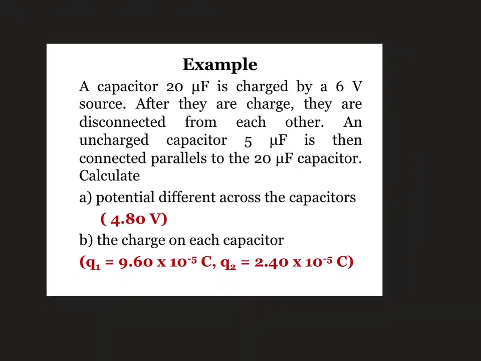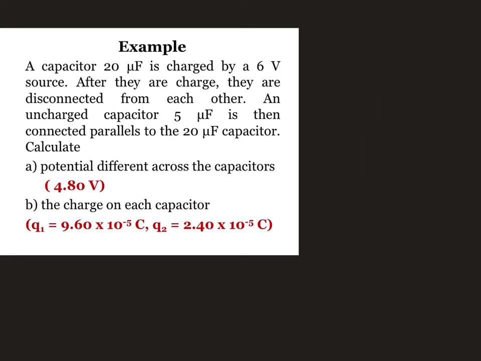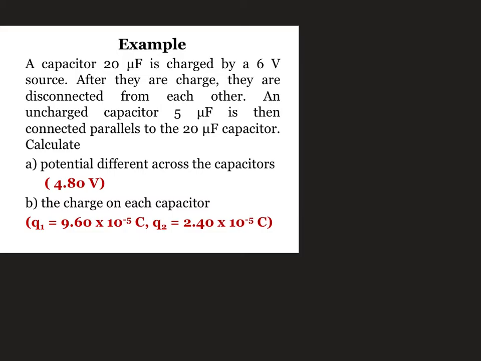Basically this kind of question looks almost the same as the previous one, but here you only have one capacitor that is fully charged and is going to be reconnected with a capacitor that is uncharged. We are going to use the same kind of method.